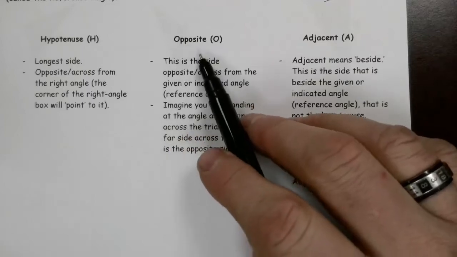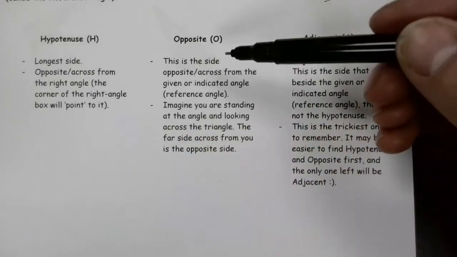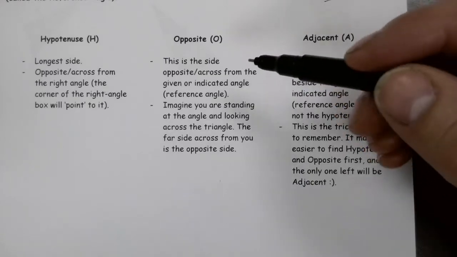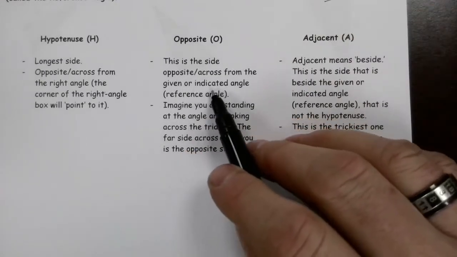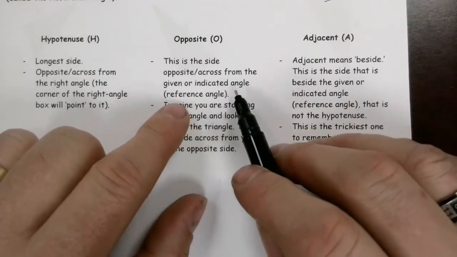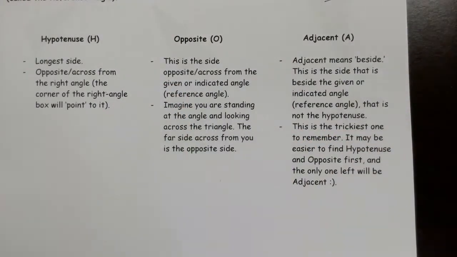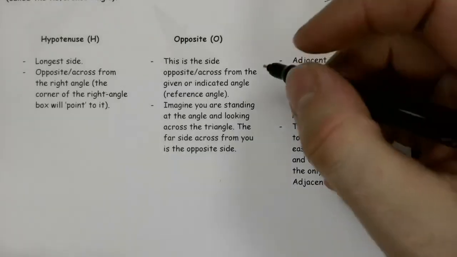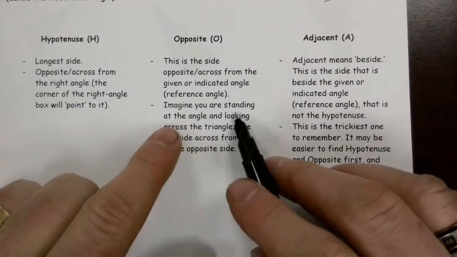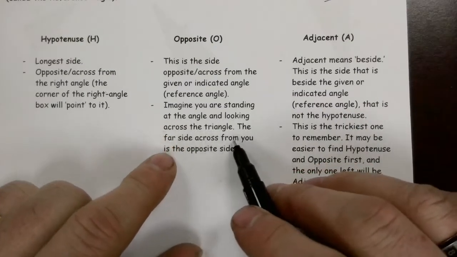We're going to call a side opposite if it's the side that's opposite the angle that we're interested in, our reference angle. So this is going to be the side opposite or across from the given or indicated angle. If you're using the lowercase, uppercase, lowercase lettering, this would be the one with the lowercase letter. Imagine you are standing at the angle looking across the triangle.